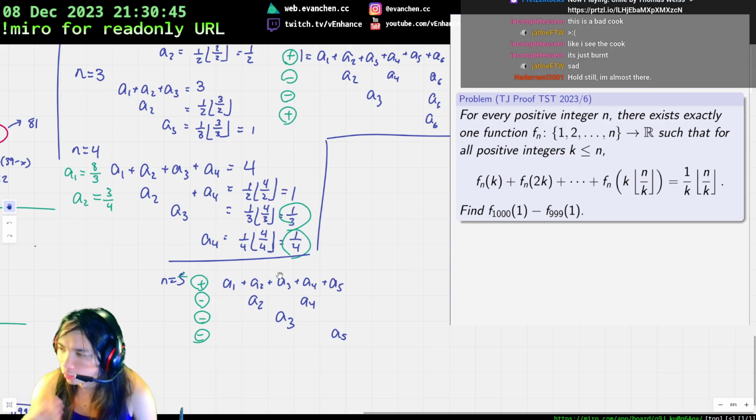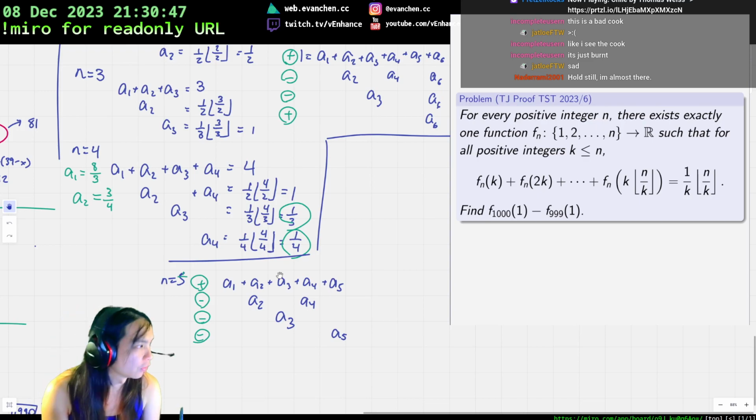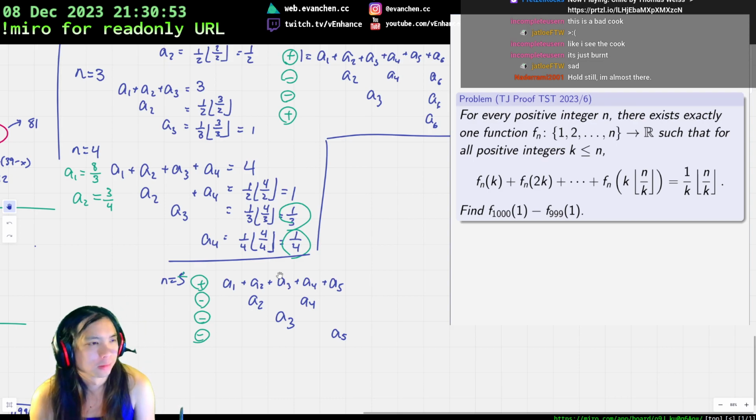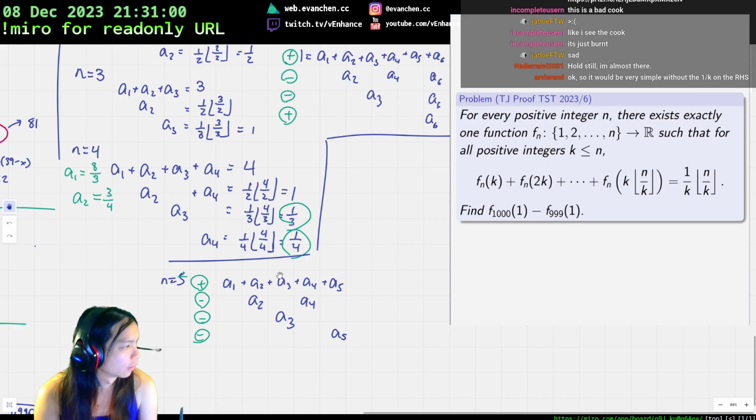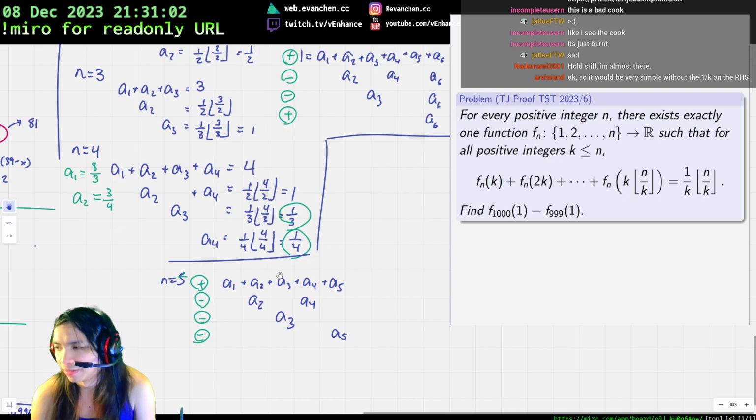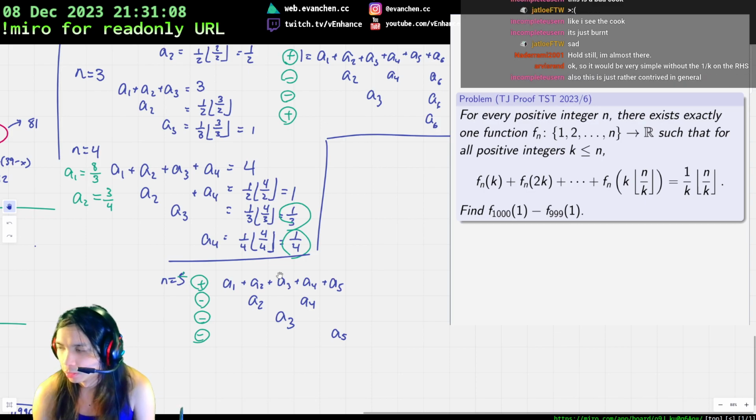But then it will very neatly cancel all the corresponding primes for f of 999. So I definitely think the way the answer extraction is phrased, f of 1,000 minus f of 999, does matter. You expect almost everything to cancel, and then the question is what stuff doesn't cancel.